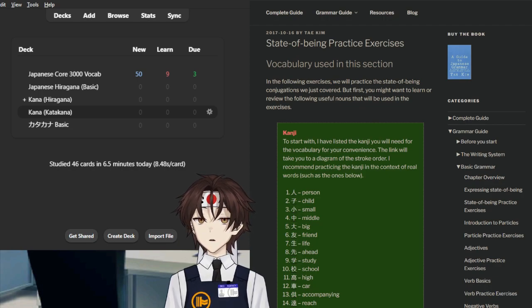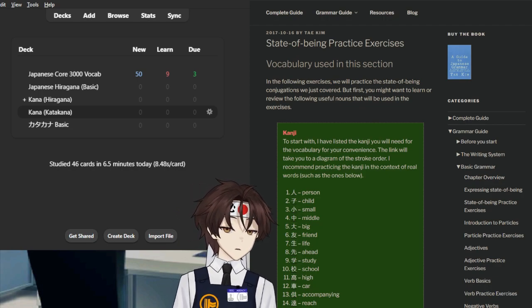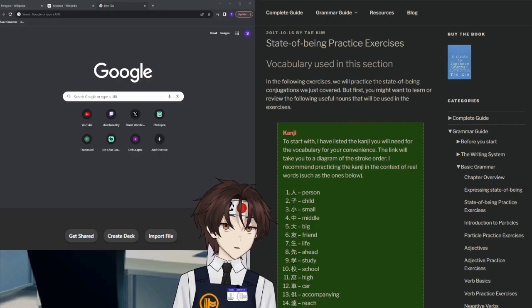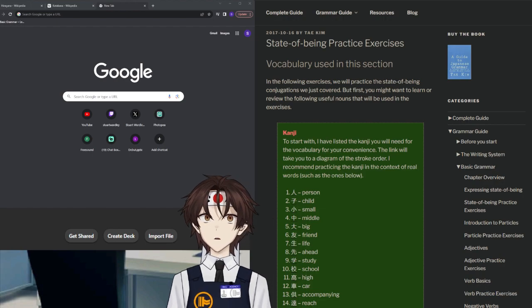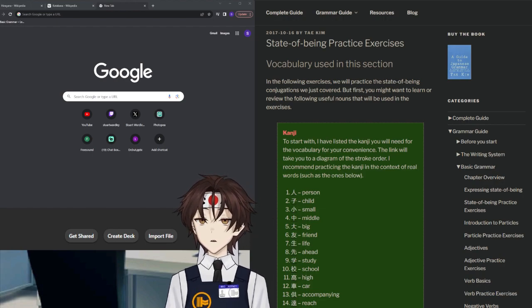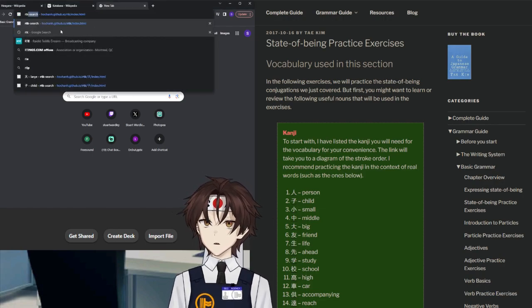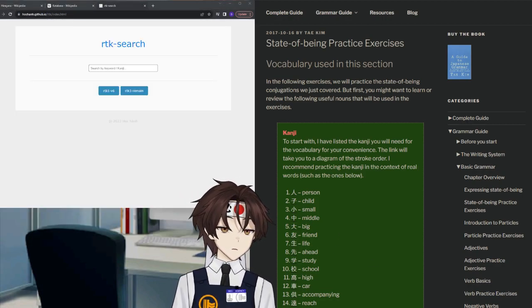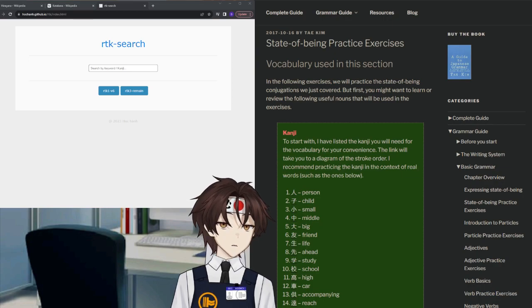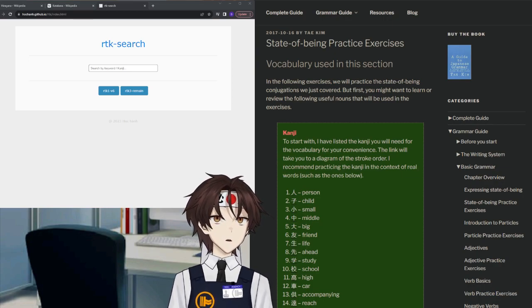Oh, I forgot. I really should work on making sure that... RTK, here we go. And then I'll just take down that Anki. Okay, cool.